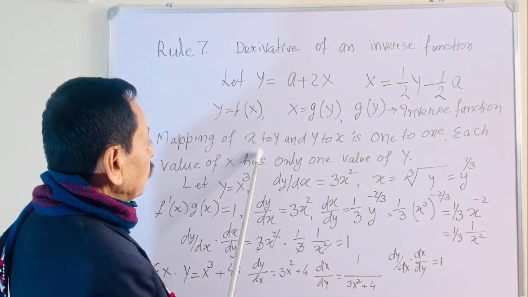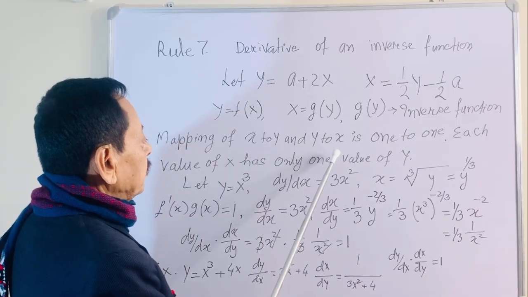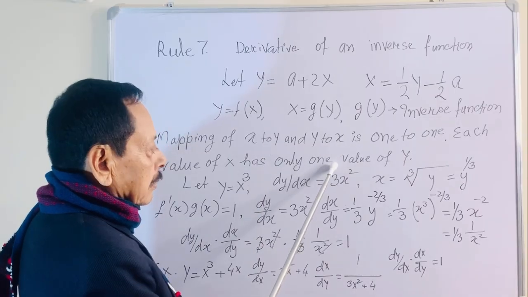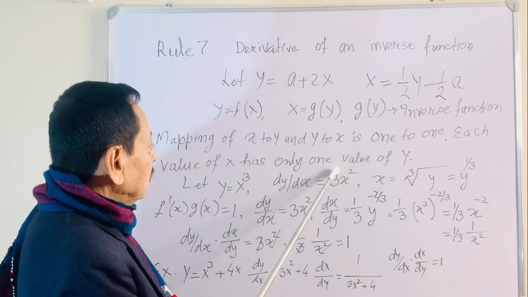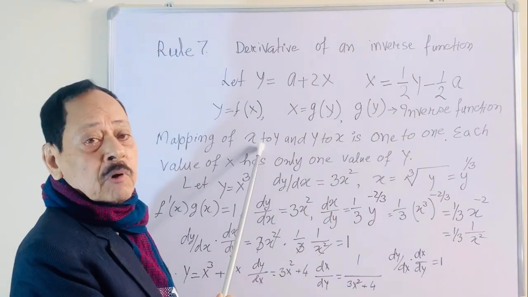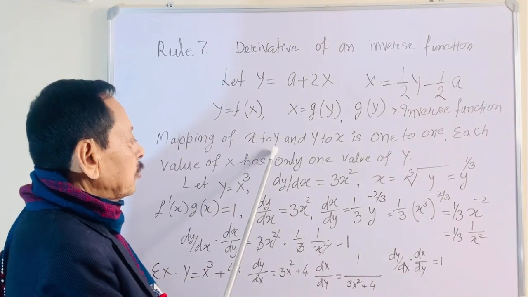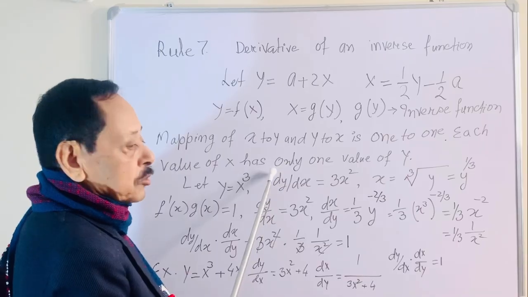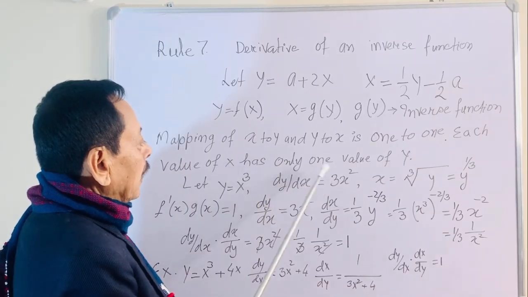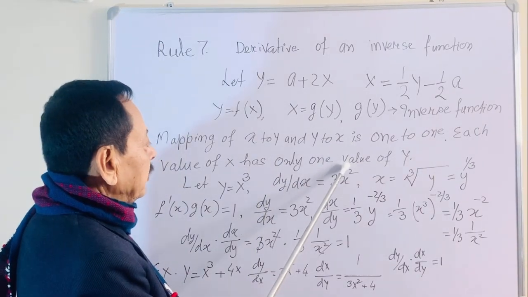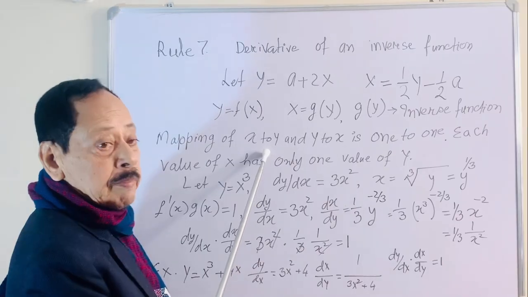Now, this is 1 to 1. If the labor level is increased, we will not get the same level of output. Output will also change.